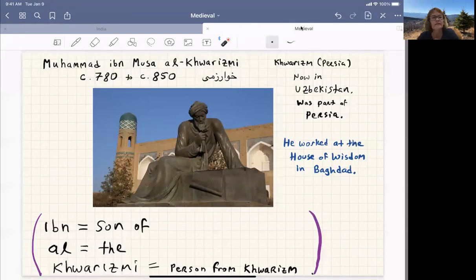So let's begin talking about al-Khwarizmi. Usually we just refer to him as al-Khwarizmi. So he lived from about 780 to 850.